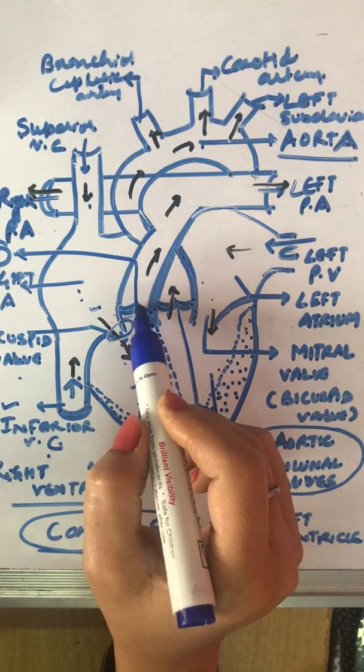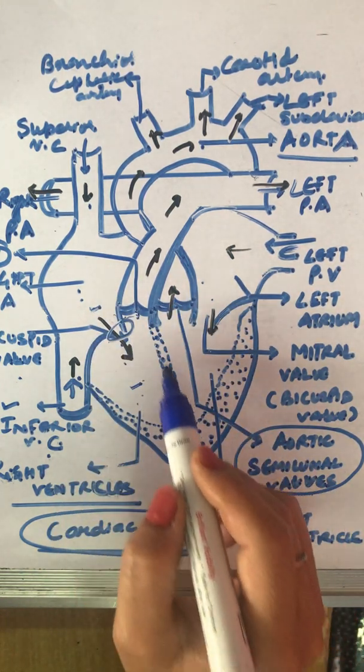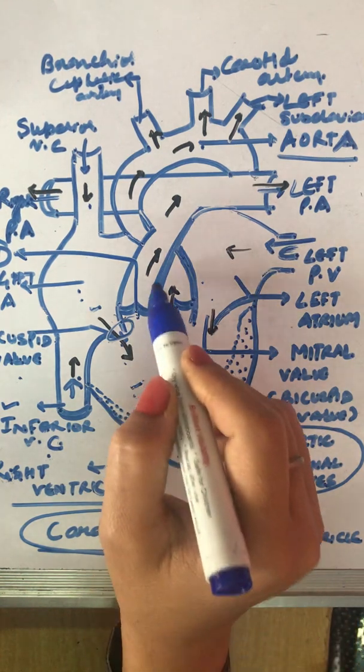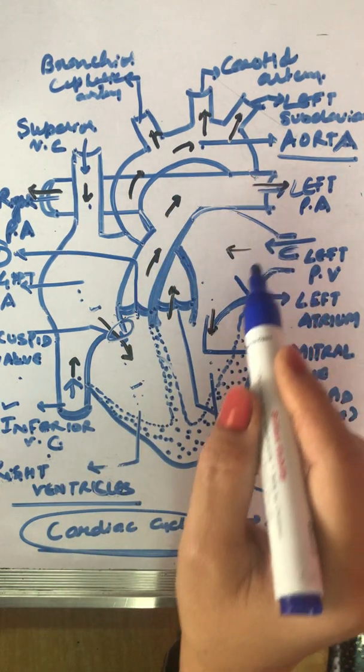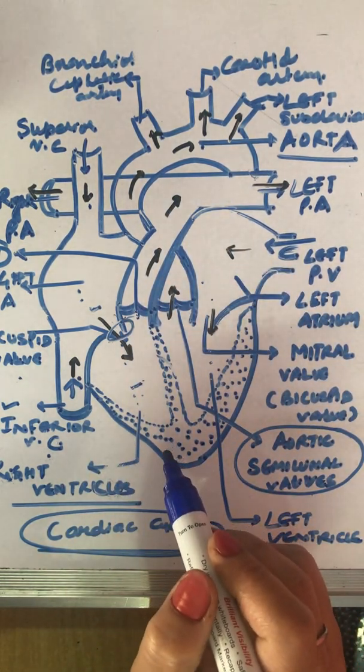These semilunar valves are closed, and at that moment there is no flow of blood from the ventricles into any of the blood vessels. This stage is joint diastole.